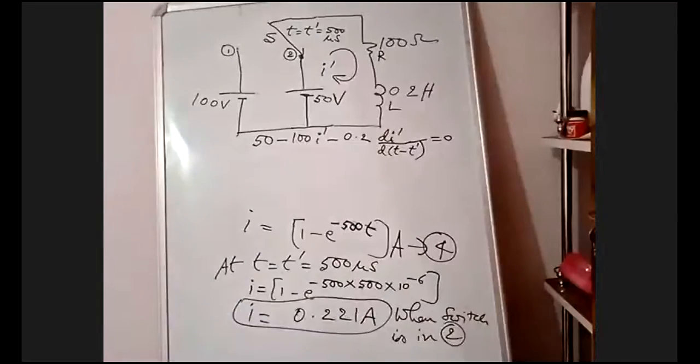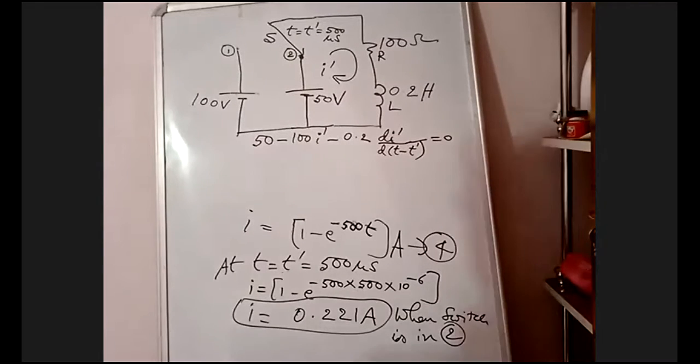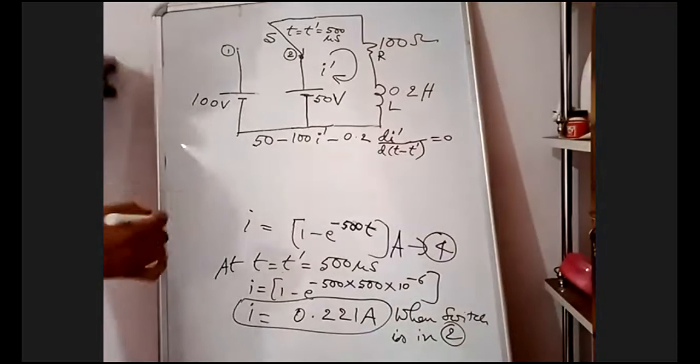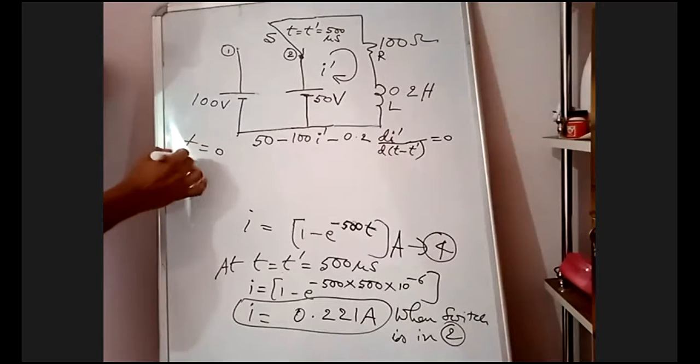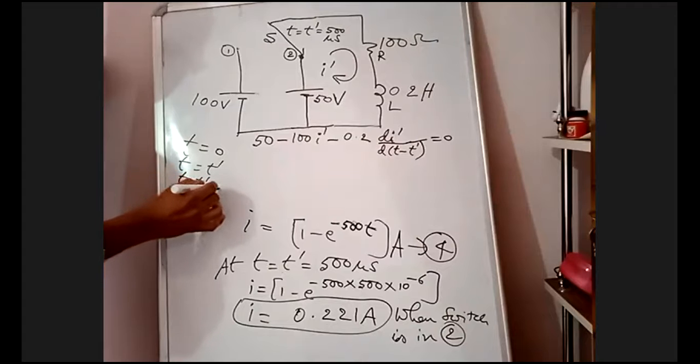Your current in that loop is I dash. di dash by d(t minus t dash). Why is it t minus t dash? Initially, when switch is in position 1, it is t is equal to 0. Now it is t is equal to t dash. That is t minus t dash is equal to 0.